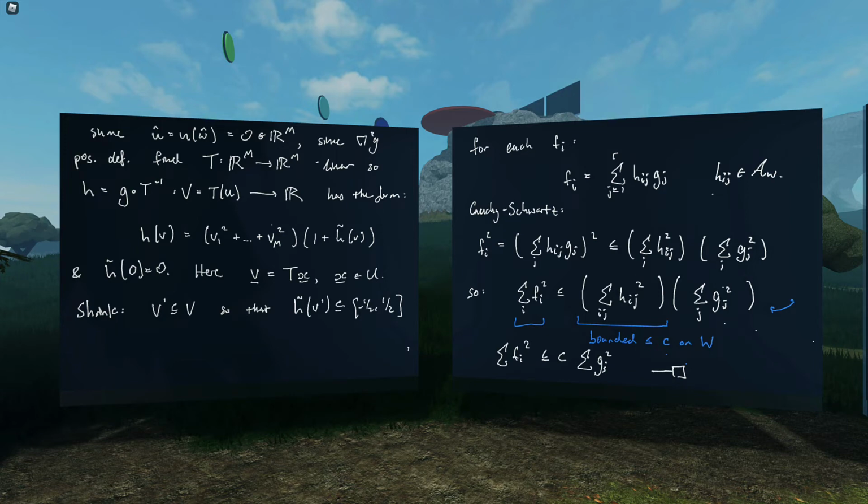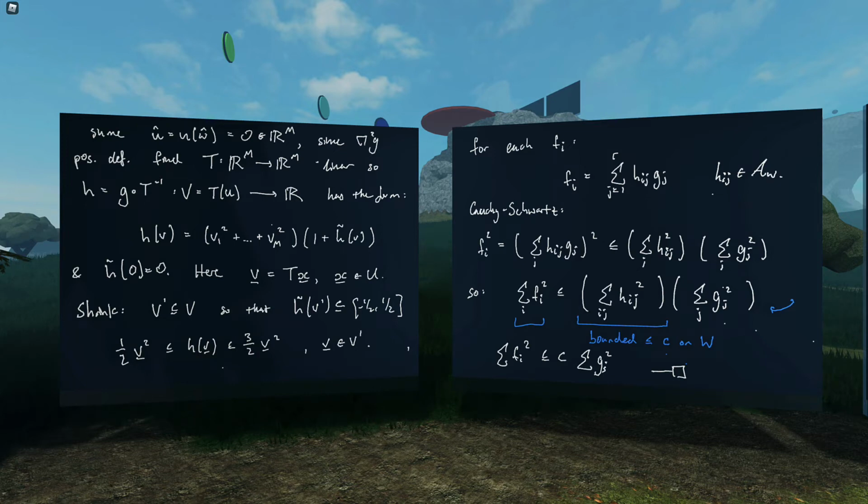So then we can write that if we abbreviate this sum of squares as just V squared, that a half V squared is less than or equal to h of v is less than or equal to 3 over 2 v squared for v in v prime.